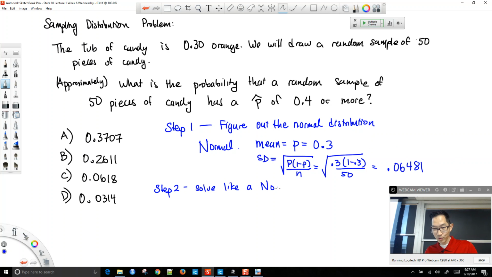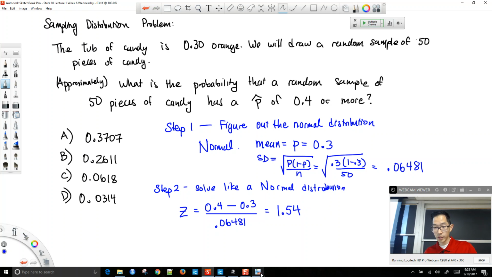Normal being a normal distribution problem. Z is equal to, in this case, 0.4 minus the mean of 0.3, and then we divide by the standard deviation of 0.06481. And when I did this, I got a z-score of 1.54.